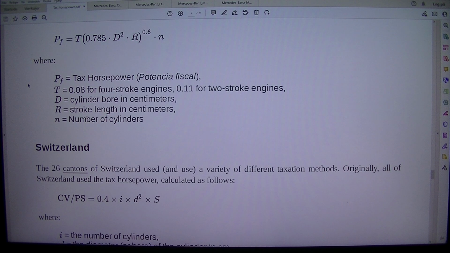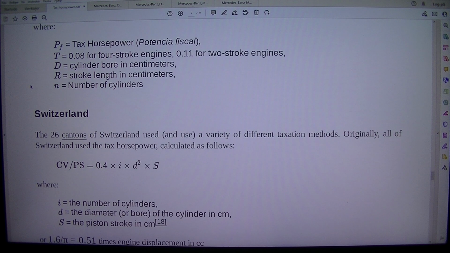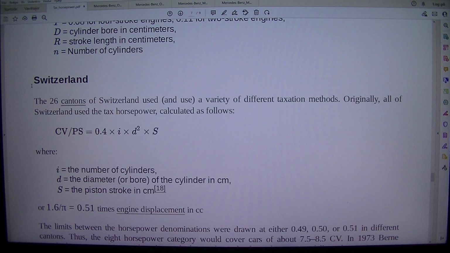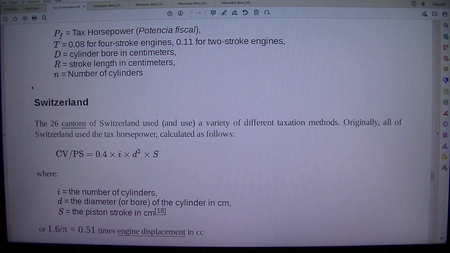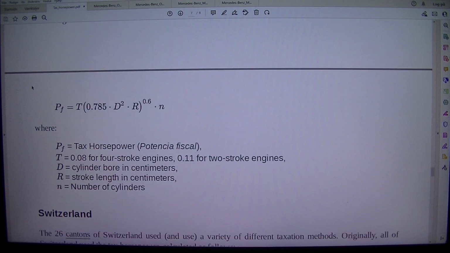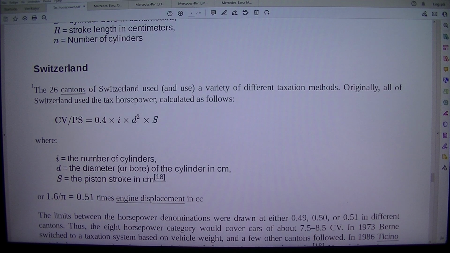Switzerland. The 26 cantons of Switzerland used, and use, a variety of different taxation methods. Originally, all of Switzerland used the tax horsepower, calculated as follows, where equals the number of cylinders, equals the diameter, or bore, of the cylinder in centimeters, equals the piston stroke in centimeters, 18, or 1.6/pi equals 0.51 times engine displacement in cc.